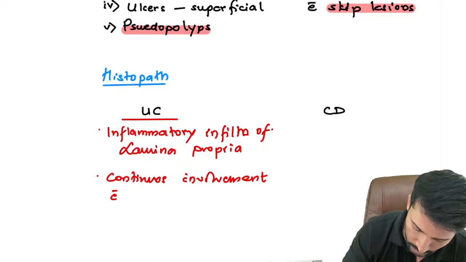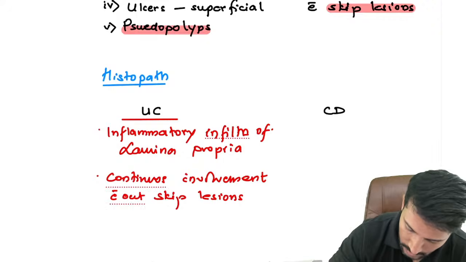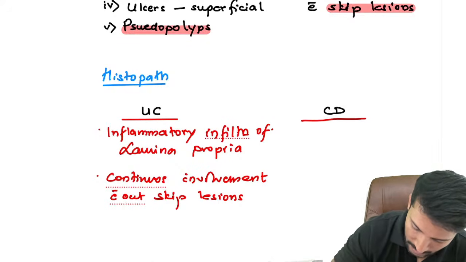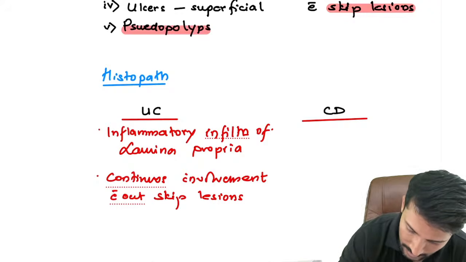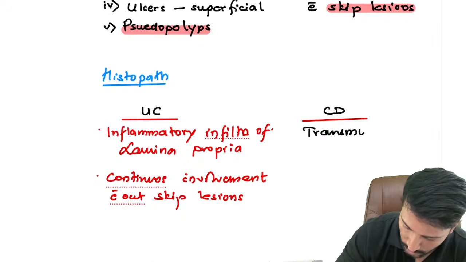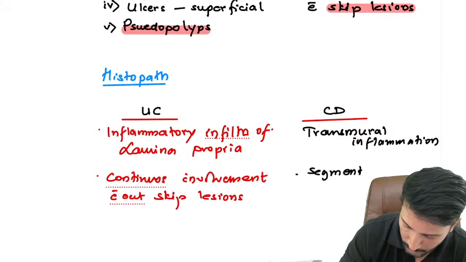On the other hand, in Crohn's disease, you have to mention that there are skip lesions or segmental involvement, and that it is transmural inflammation.